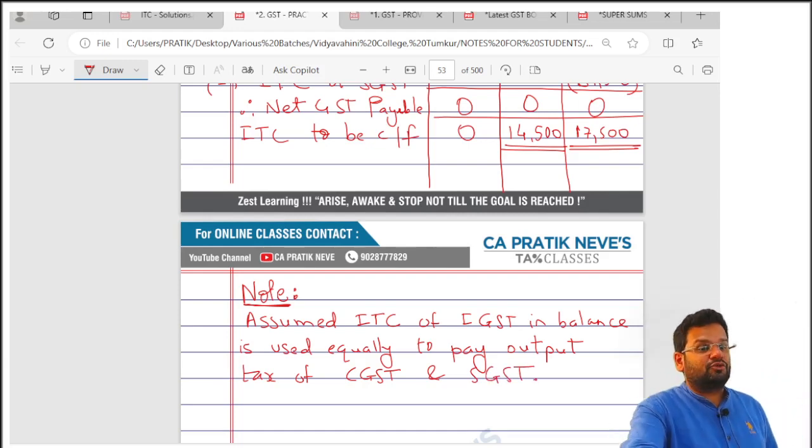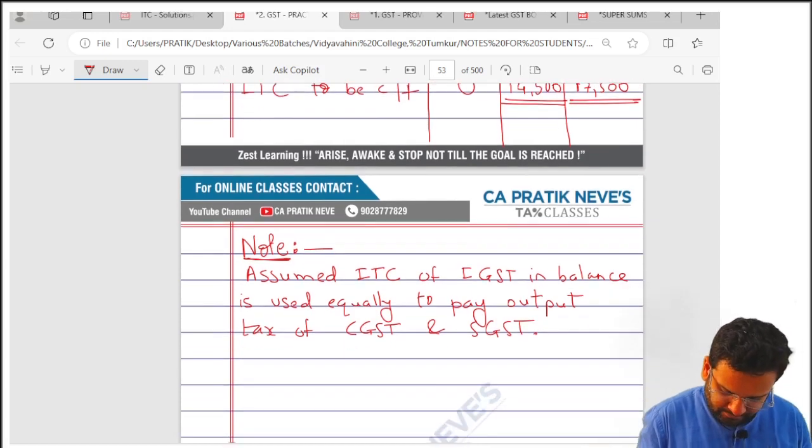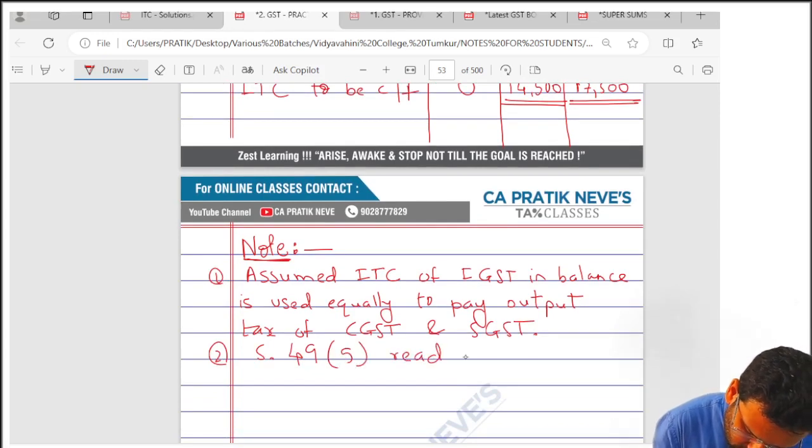It could have been used in any other proportion. Okay, so that's your note. And of course, the other note will be of 49.5, read with Rule 88A.